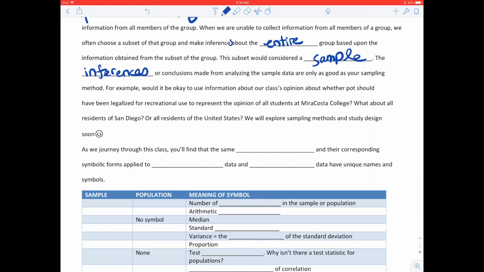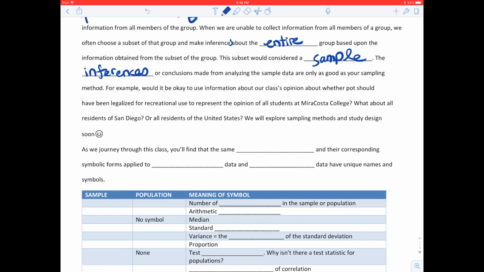My supposition would be maybe that you were a very good sample of the online student population at MiraCosta College, but all the students, I'm not sure. I think there would be bias. Are you answering truthfully? I mean, do you think I'll be judgmental and grade you lower if you say yes or no? So there's all these things that play into potential bias of a sample. And we'll explore that later.